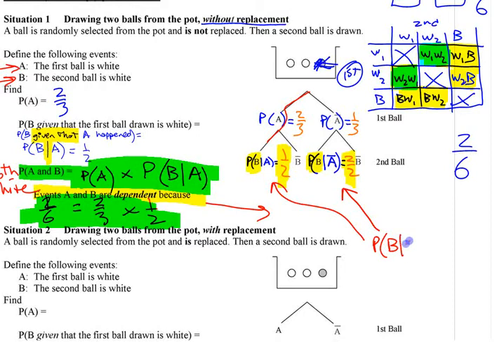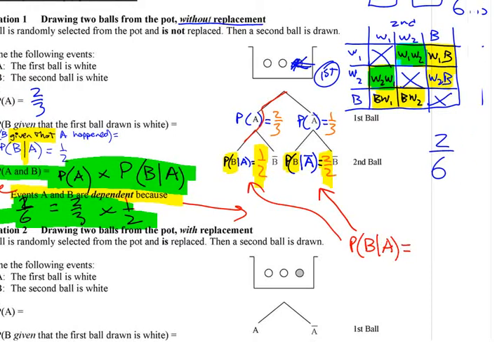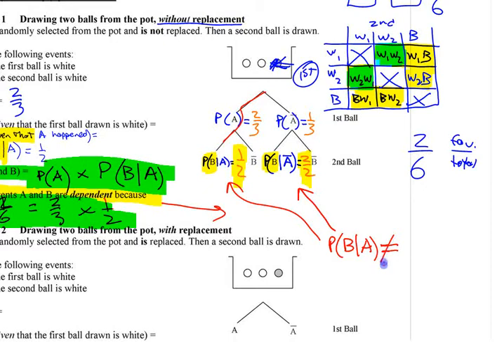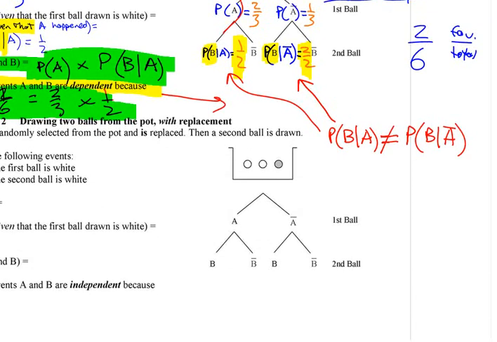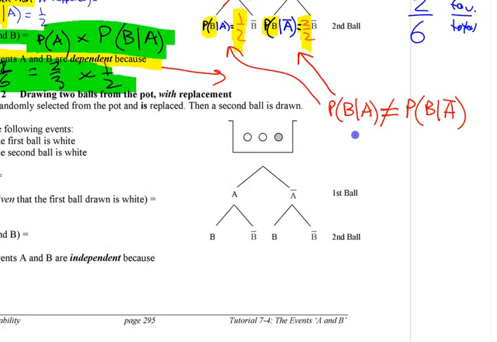Chance of B given that A has happened is not equal to, put a not equal to sign in between there, is not equal to the chance of B given that A doesn't happen. Those probabilities are different. If those symbols look meaningless to you, then put some words there as well, right? This says 1/2, 2/2. They're obviously not equal, right?